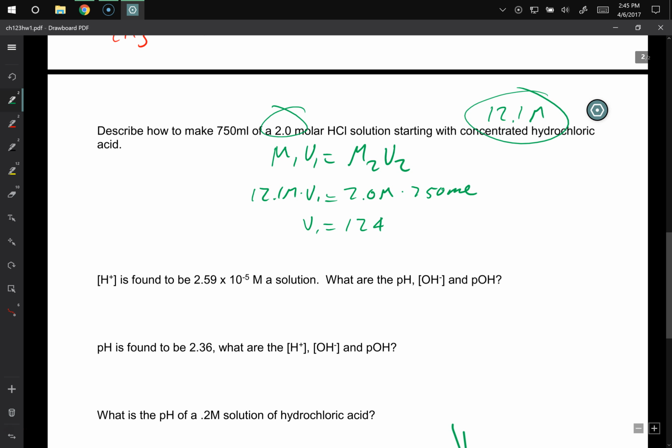1, 2, 4 milliliters. Okay, so describing exactly how I'm going to make this, I'm going to add 124 milliliters of concentrated HCl to a 750 milliliter volumetric flask.